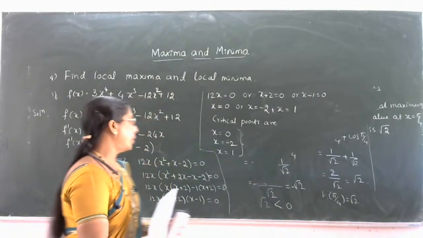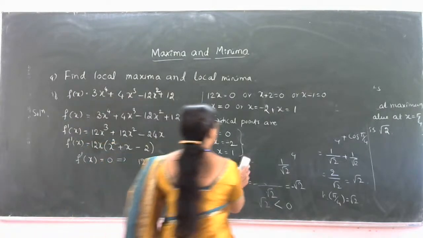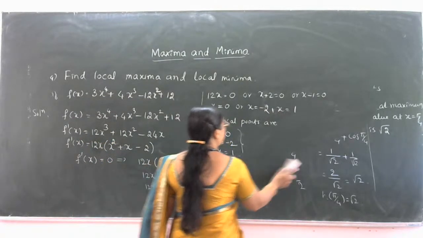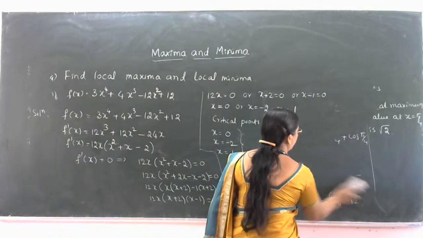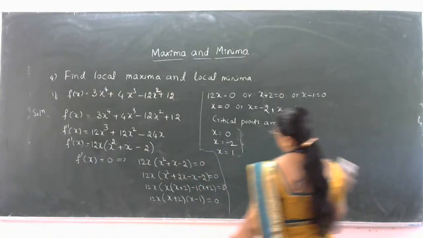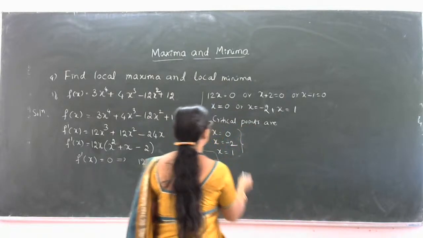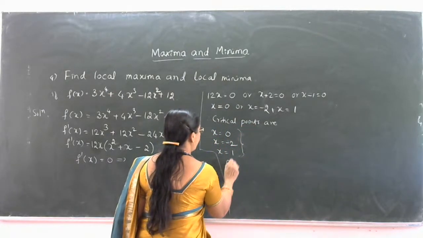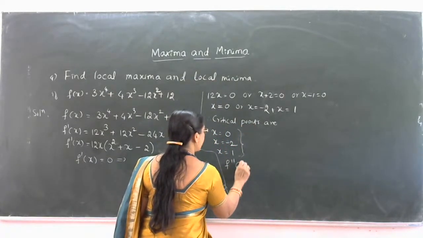We have to find the second derivative at these three points. First we find the second derivative f double dash x.